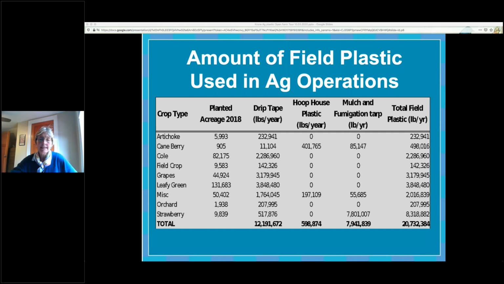And then hoop houses came in third most used. And so our total field plastic use was 20 million pounds a year. And you can see that strawberries use more plastic than any other kind of crop, just because they're using both a lot of mulch as well as the drip tape. Next slide.